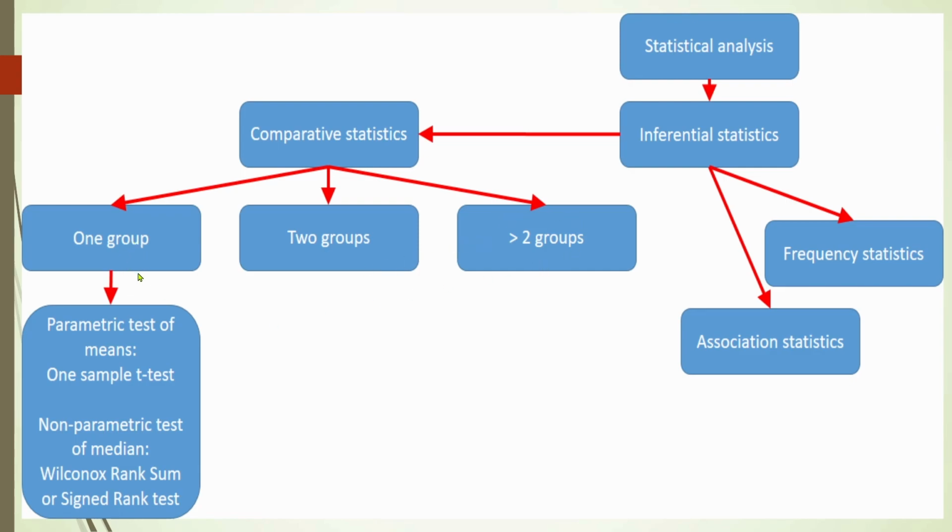For one group, we compare the mean against a criterion or limit using one sample t-test. So this is for parametric testing. For non-parametric testing, when your data does not fulfill normal distribution, you may use Wilcoxon's rank sum or signed rank test to test the median against a criterion.